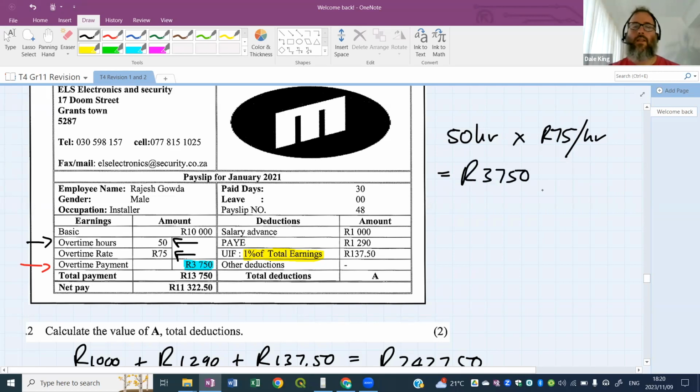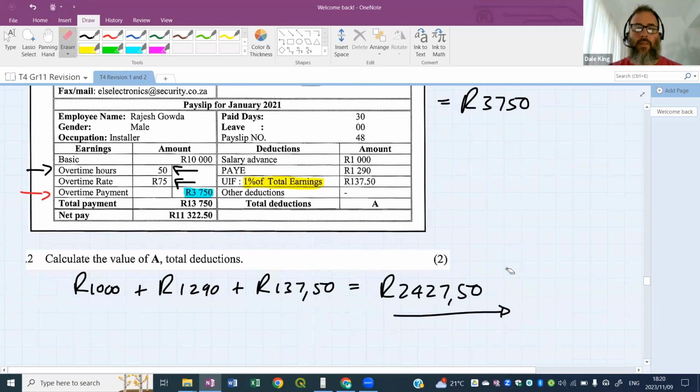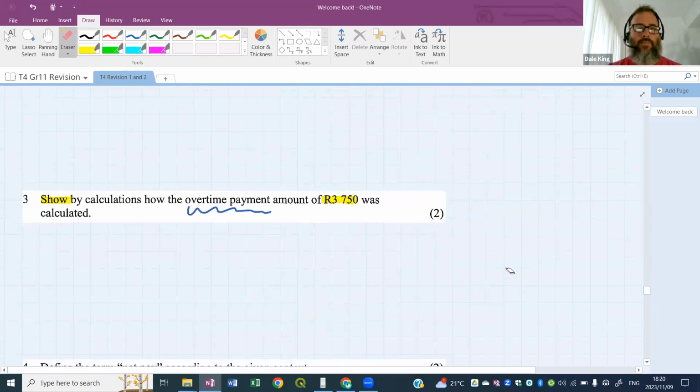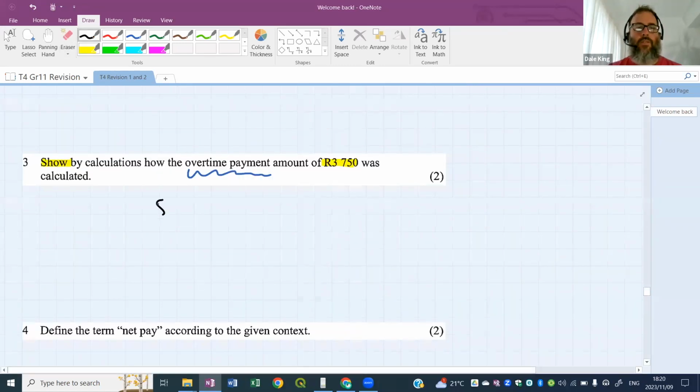You just have to write that calculation out. Well done, Kian. That's how we do it. Take the hours worked and the rate per hour and multiply them together. Nice and easy. Money in the bag. So just say 50 times 75 Rand equals 3750.